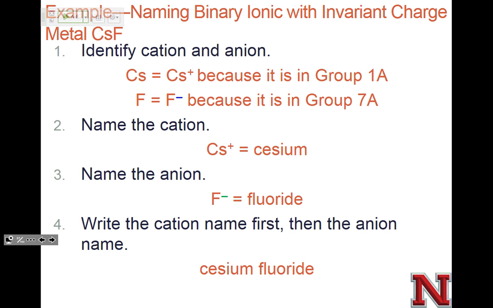So we just put that together as cesium fluoride. We don't need to show anything in parentheses because we don't have a variable charge. It's only going to be a +1 because it's in group 1A. So you always want to double check to make sure your metal is in a main group. Otherwise, you have to show that charge.